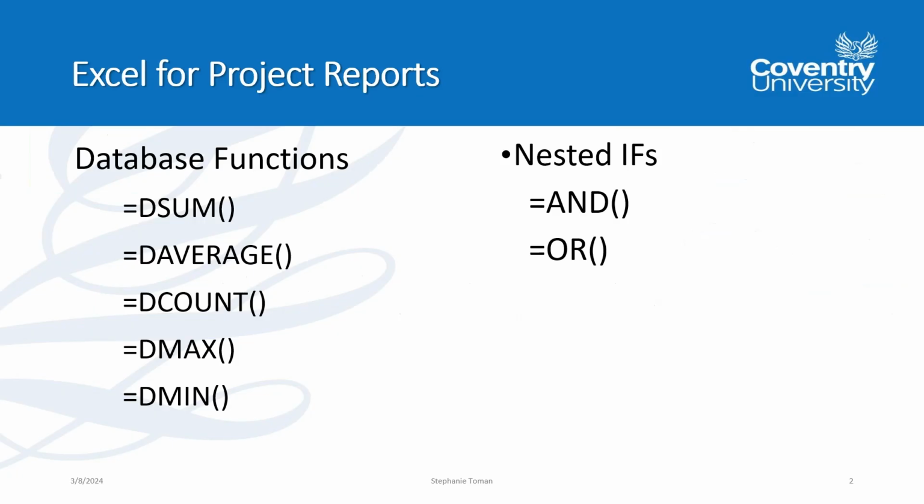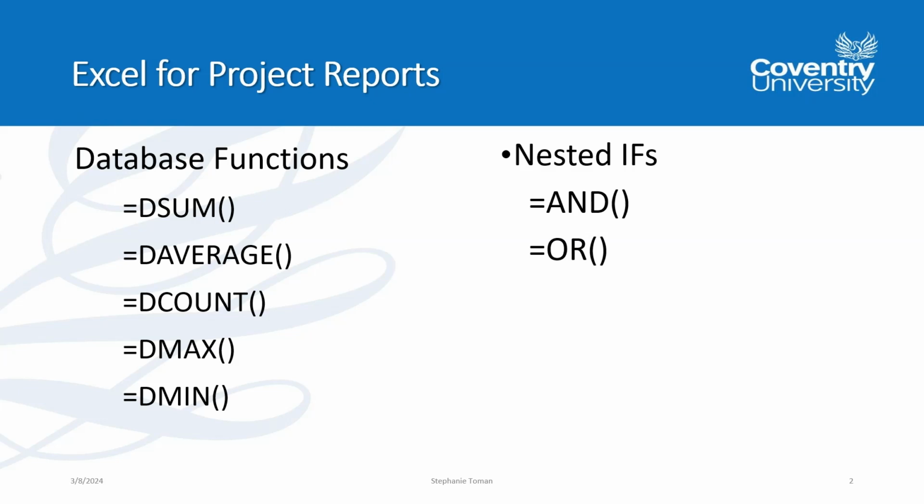This one's going to be looking at the database functions, which are really good with large amounts of data. They sit between Excel and Access in that you can extract information according to more than one criteria. So really useful, and you can note that they have a D in front of the normal functions that are used in Excel.